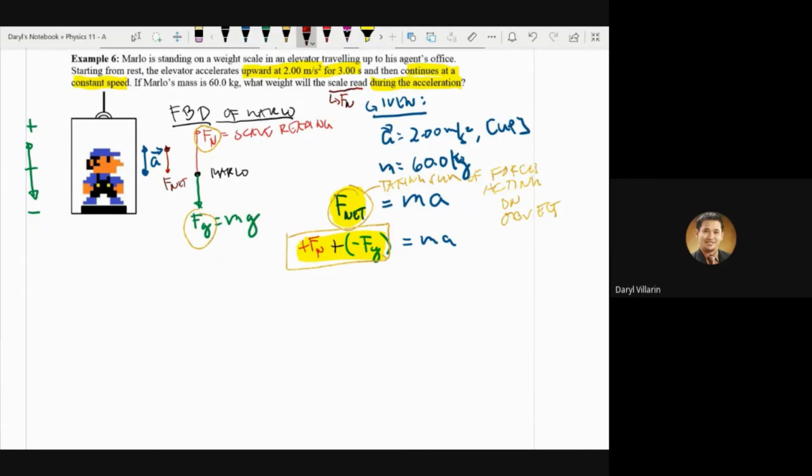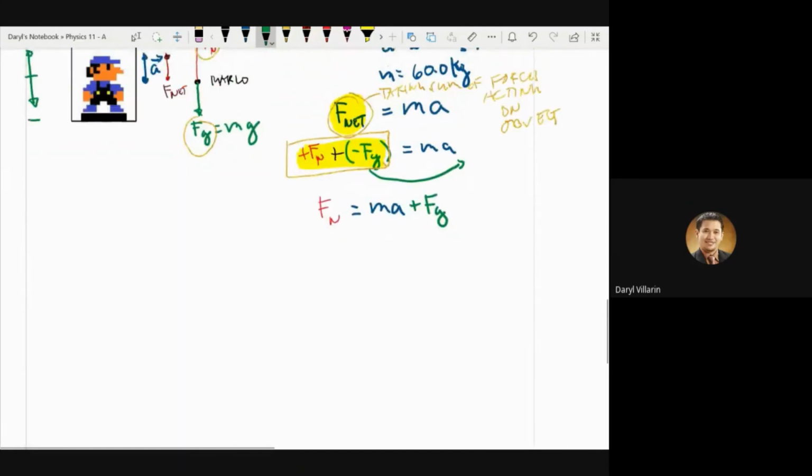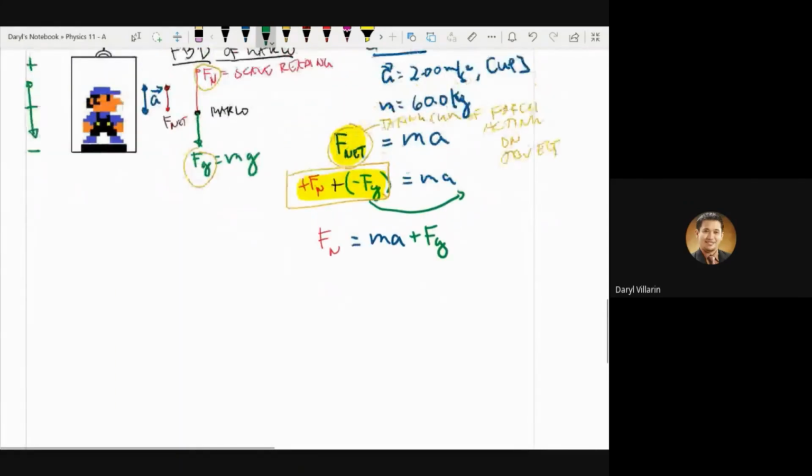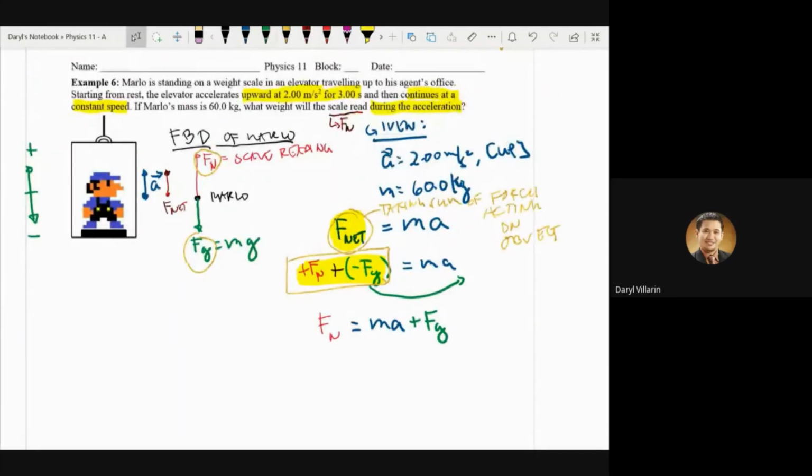So that means that if I'm going to solve for Fn, Fn is just equal to mass times the acceleration plus, if I'm going to transpose that to the other side, plus Fg. So the normal force is the sum of Ma plus Fg.